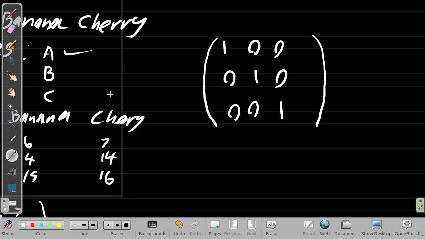The diagonal elements are 1. Alright? If this changes to 2, it's no longer an identity matrix, because it has to be 1.